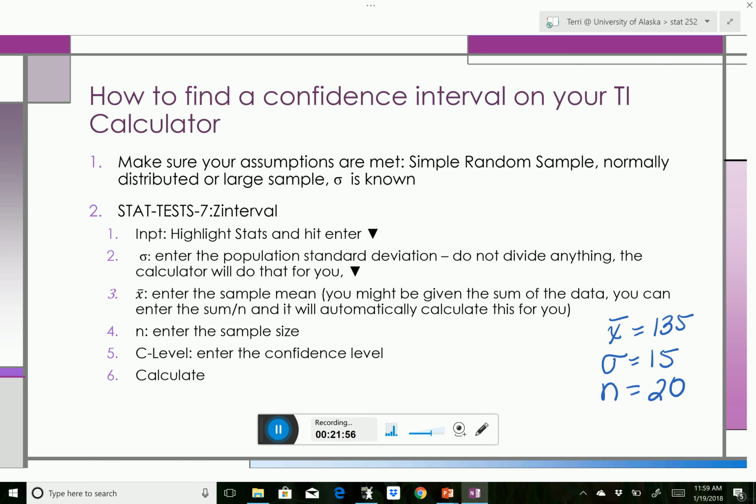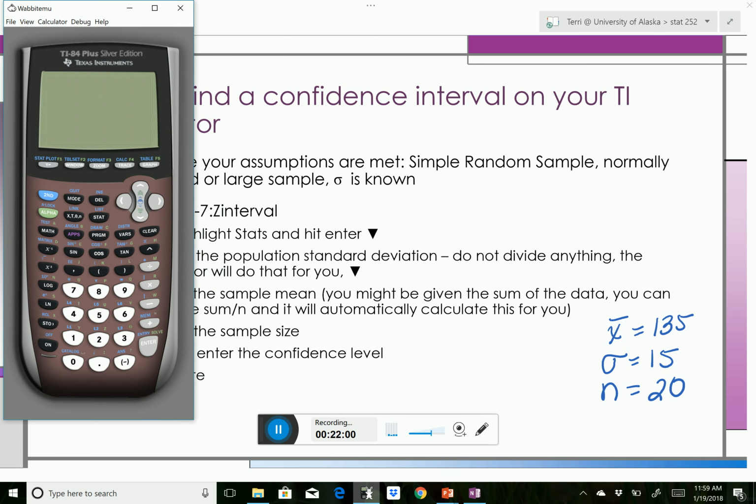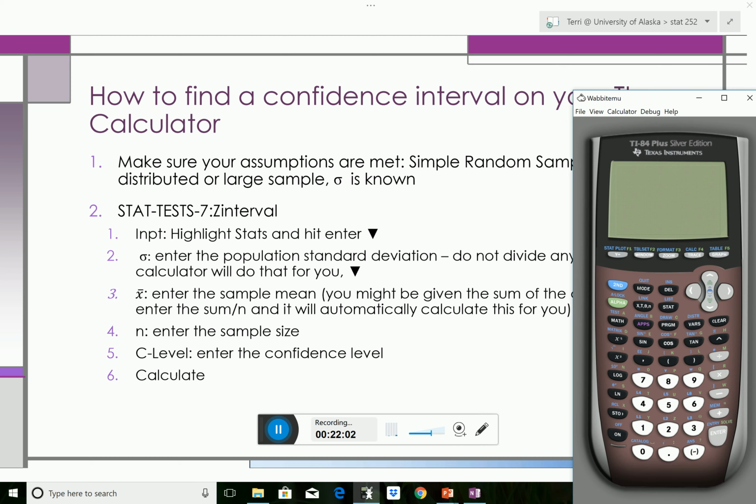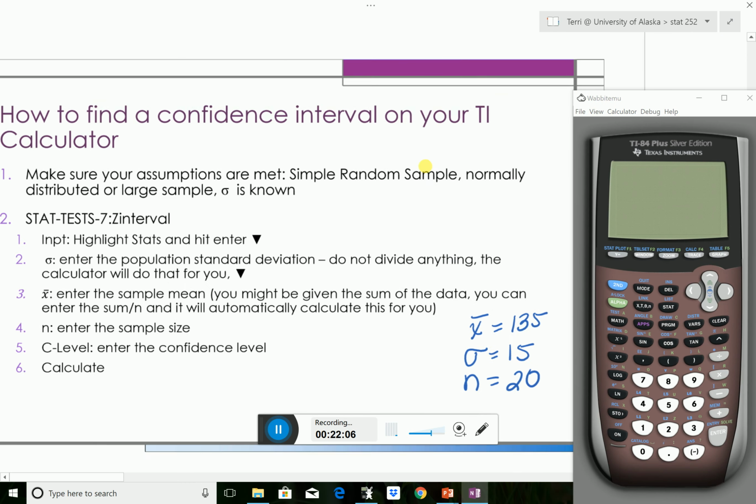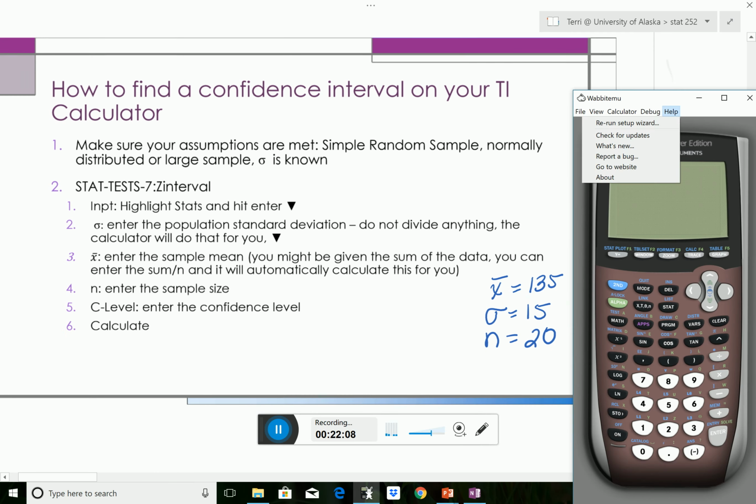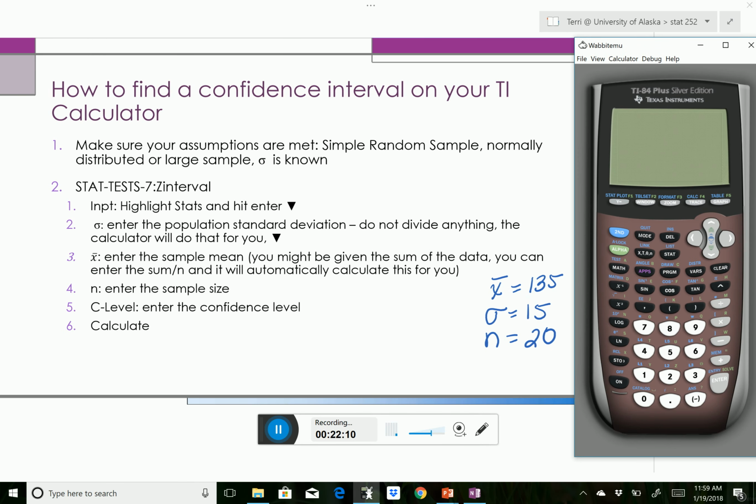So we go to our calculator, turned on. Being on is nice. So we make sure our assumptions are met, of course.